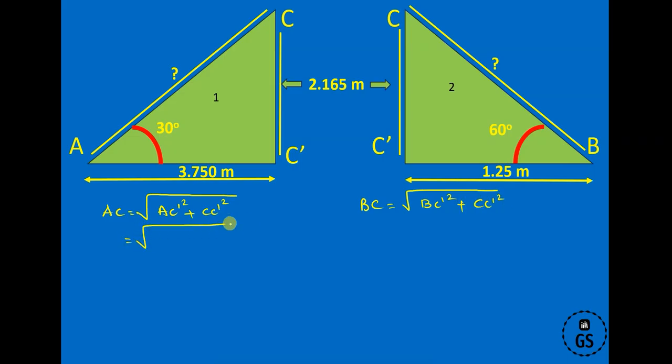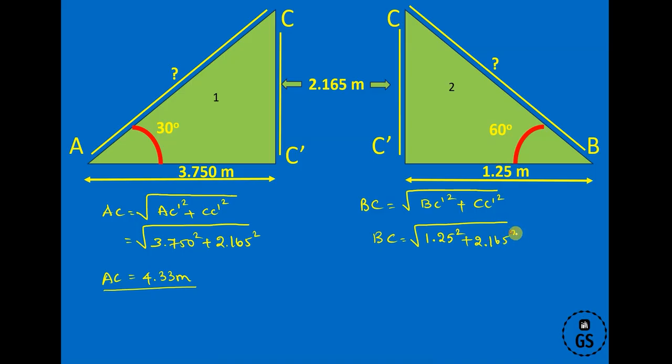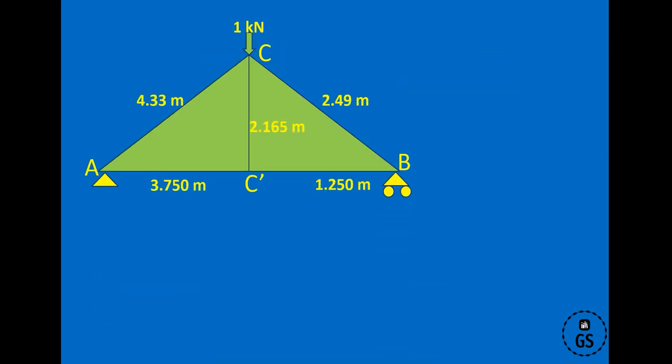Substituting the values, 3.750 squared plus 2.165 squared, we get AC as about 4.33 meters. Similarly, BC is the square root of 1.25 squared plus 2.165 squared, so BC is 2.49 meters. Now we have determined all the sides of the triangles.